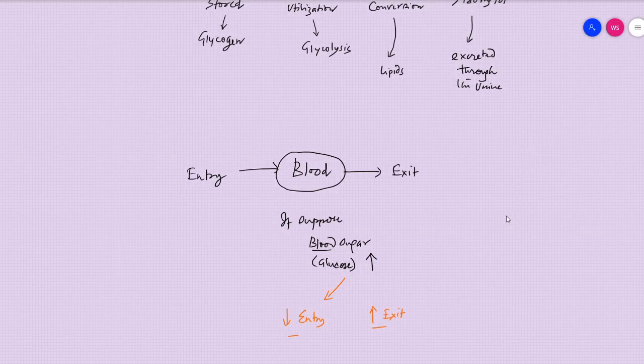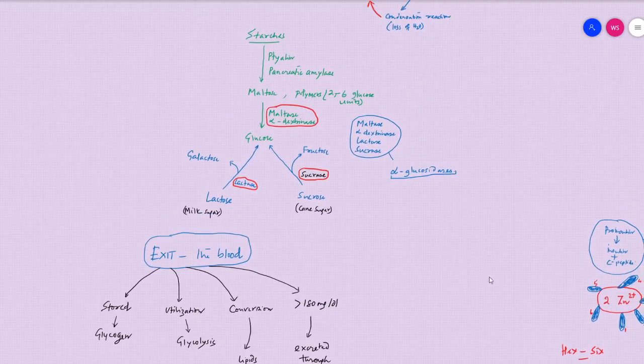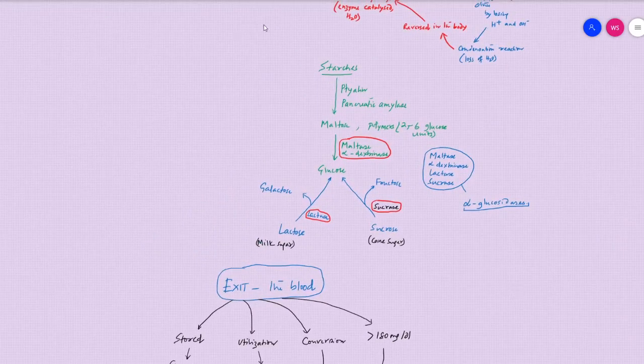Let us illustrate that with an example. Here we said that starches are absorbed as glucose by the action of alpha glucosidases. So our aim is to decrease the entry, decrease absorption. What can we do? Can we block alpha glucosidases?